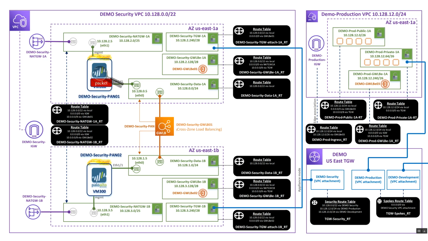So once the Palo Alto receives the packet, it's going to perform layer 7 inspection. It's going to see if the communication is allowed, if there's any malicious intent, if there's any data exfiltration, etc. Right? So the Palo Alto is going to scan that packet, and then it's going to forward it back to the gateway load balancer, right, using that Geneva encapsulation.